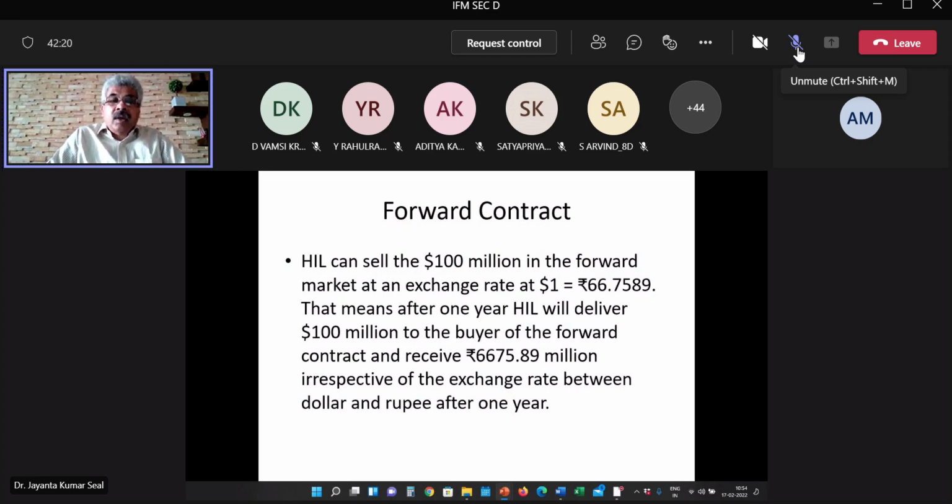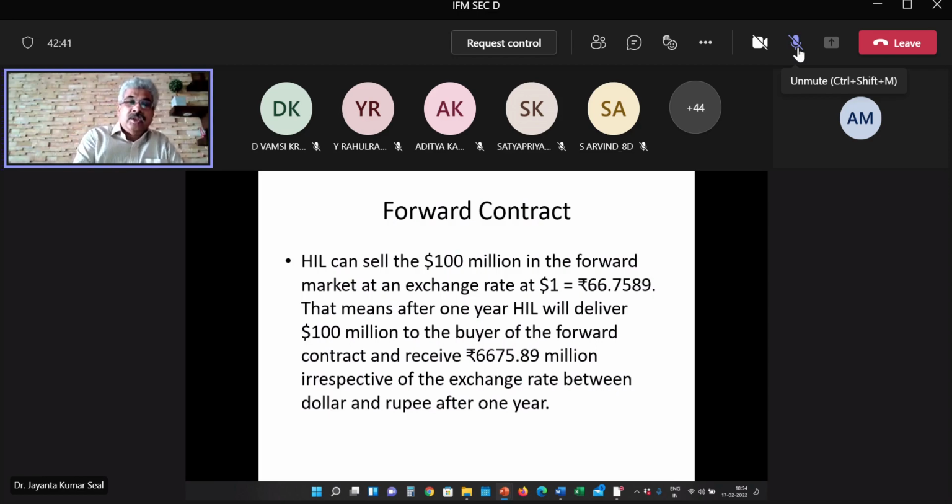That means after 1 year, Hindalco will deliver $100 million to the buyer of the forward contract and receive 6675.89 million rupees, irrespective of the exchange rate between dollar and rupee after 1 year. Any confusion? Okay.